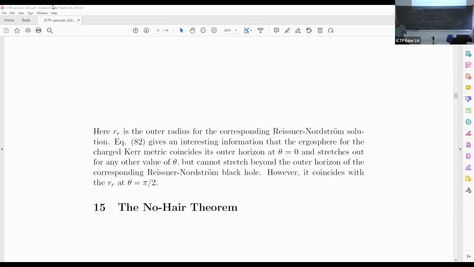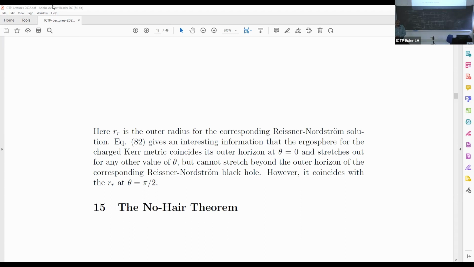And if we have charge involved, then there will be a Maxwell field tensor involved, and instead of the Einstein field equation, this will become the Einstein-Maxwell field equation to solve this. We are already taking the scalar R to be 0, and it's a vacuum solution.